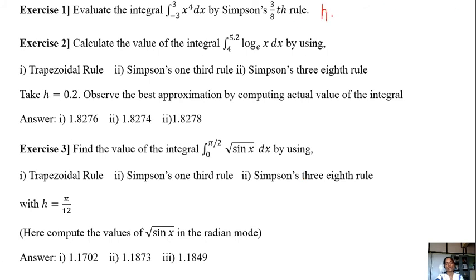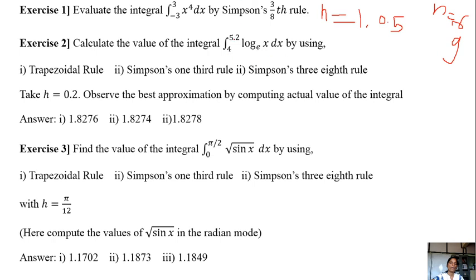If you take h, you may take h equal to 1, or if you want, h equal to 0.5. But you have to decide which h is applicable, because here the number of subintervals n must be a multiple of 3. So your subintervals will be either n equal to 6 or n equal to 9. So you have to decide which h is applicable, 1 or 0.5.